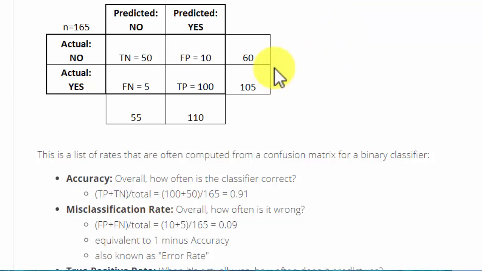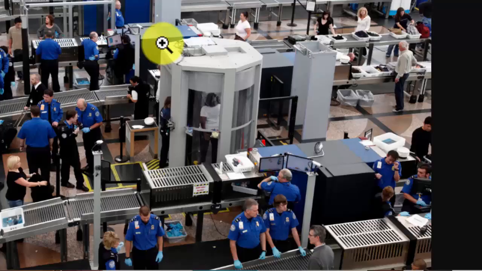The way I tend to remember which one is which is recall is the one where I use the analogy with catching a terrorist at an airport. So if you think conceptually, like here's an image from TSA going through security at an airport. In this situation, it's really bad if a terrorist gets through, right?